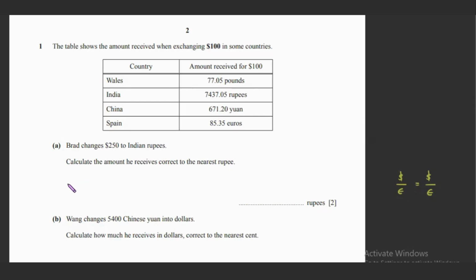That means the same currencies should be written. So I'm going to put the division bar here, and we know that $100 is the same as 7,437.05 rupees. I'll put RS here to say that it is rupees.